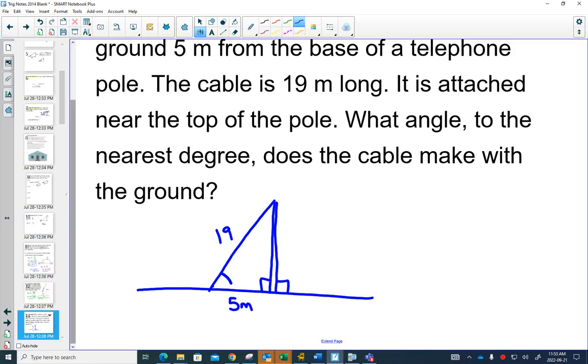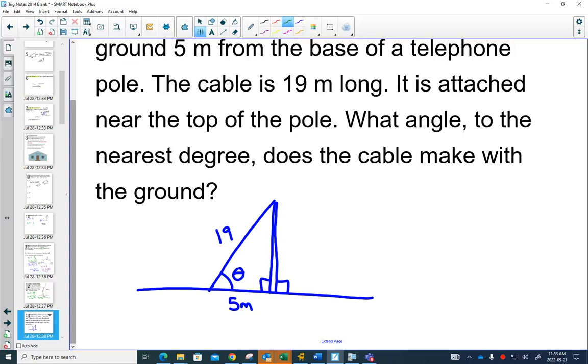This angle is the angle between the wire and the ground. Why can't we use tan yet? We don't have the opposite side, but someone already said we could find it. We can find this side.